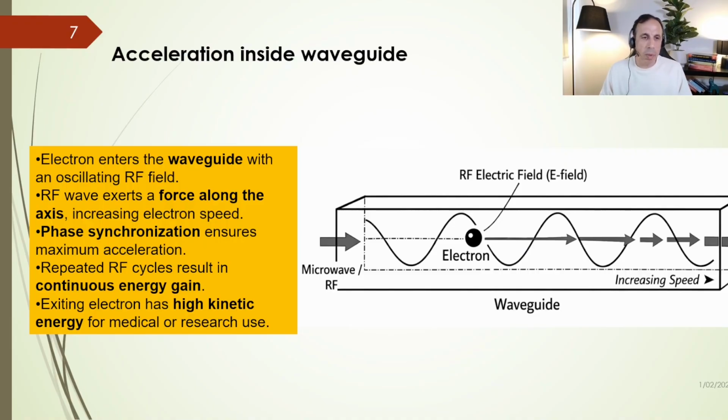In this slide, I have tried to show you simply how the electrons are affected by the RF waves. We have one electron in this figure, but we have a bunch of electrons, and I have shown just one radio frequency wave.